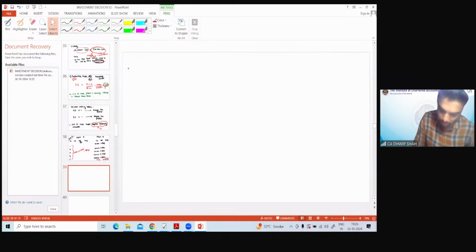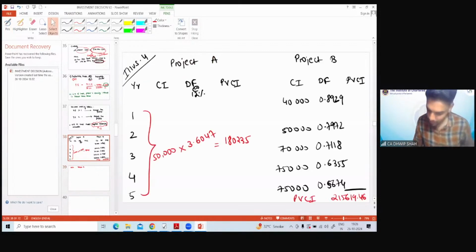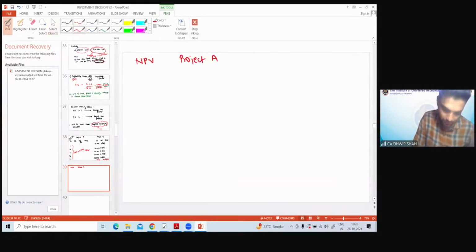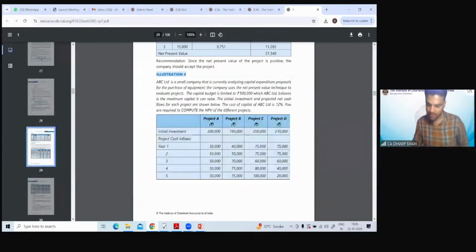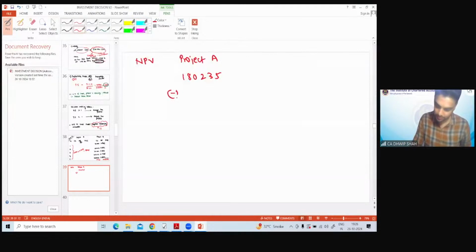So can I say NPV for project A is 180,235 less initial investment of project A, which is 2 lakhs. So my NPV is negative 19,765.